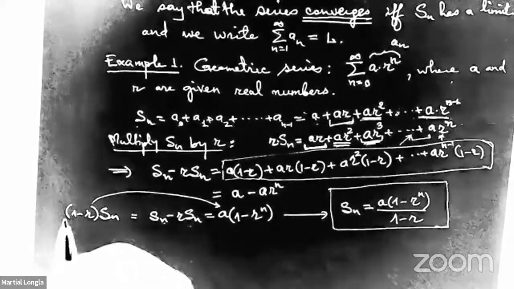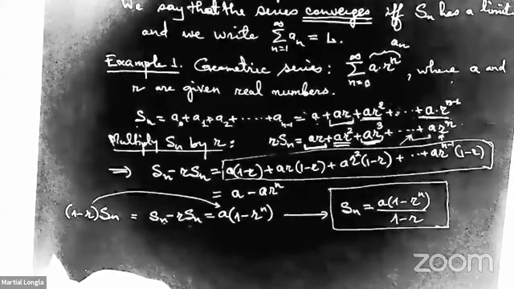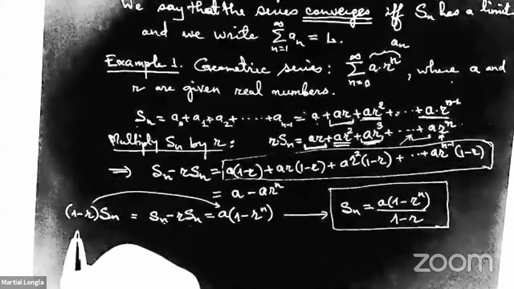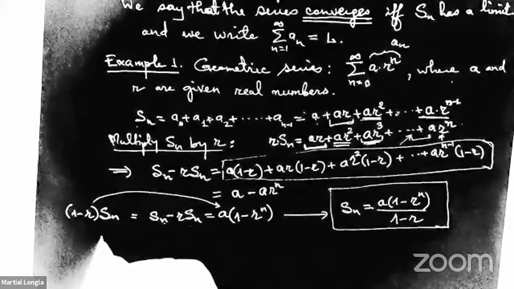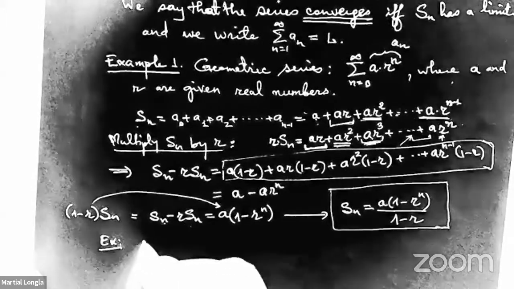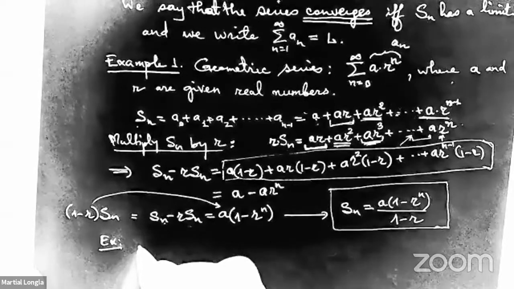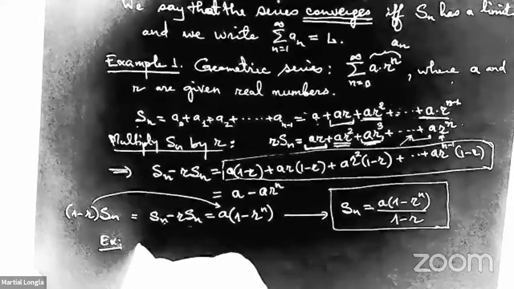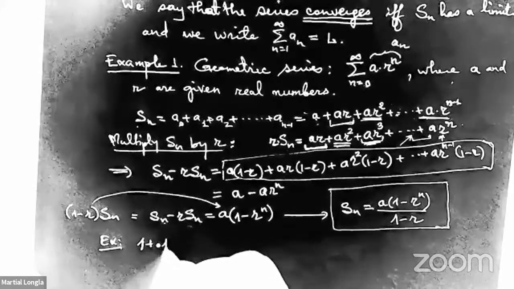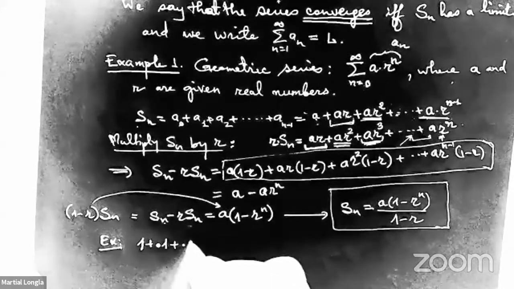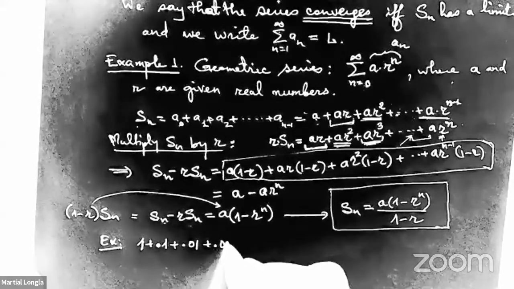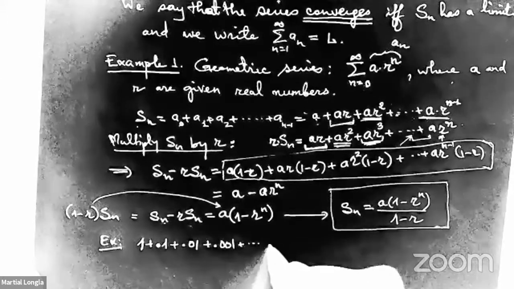Now let's get an example inside the example. Yeah, that's crazy, right? Example of the example. So you have 1 plus 0.1 plus 0.01 plus 0.001 plus and so on.